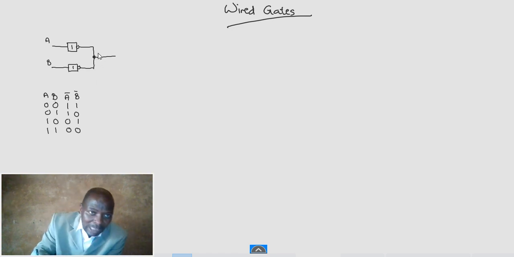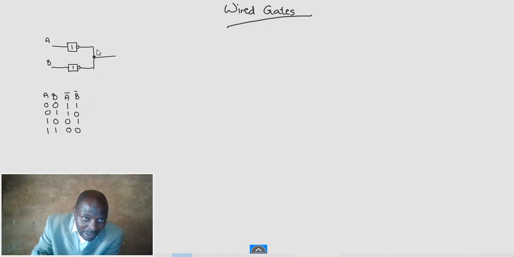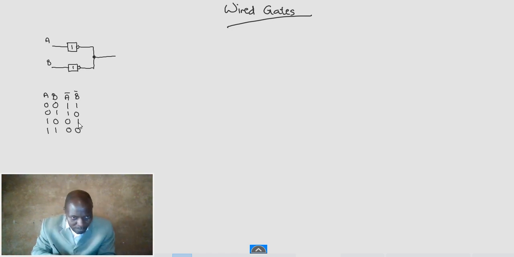All right. So if you look at this, we are saying this is the OR gate. We are saying, however, it's an OR gate for the low conditions. If any of them is low, if not A or not B is low, then the output is low.